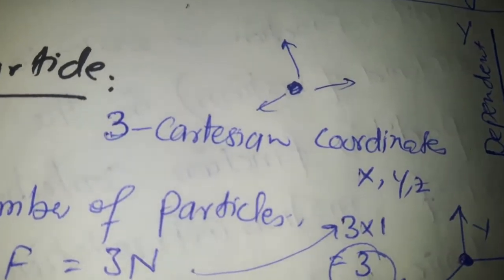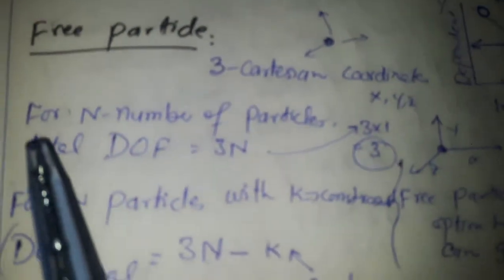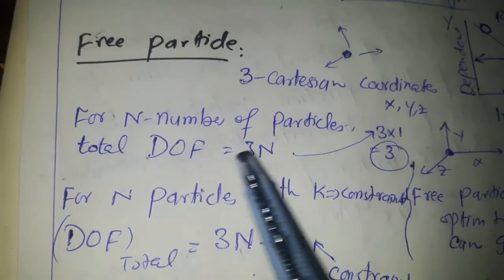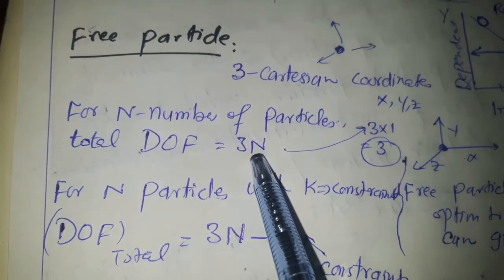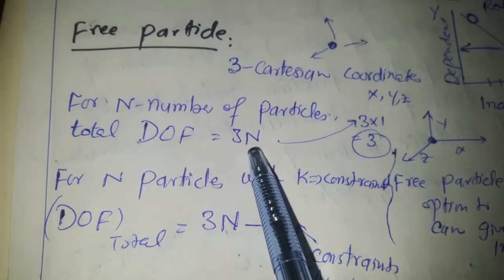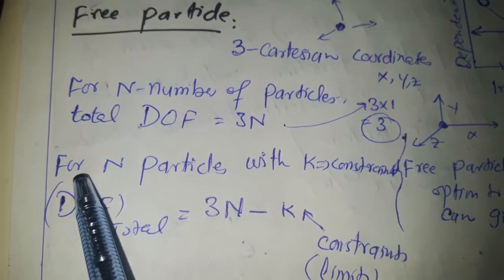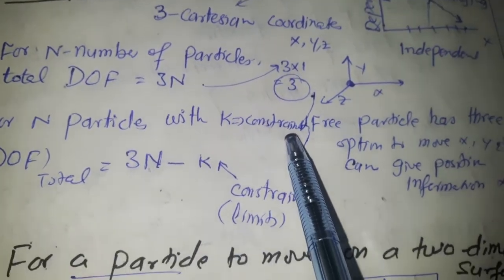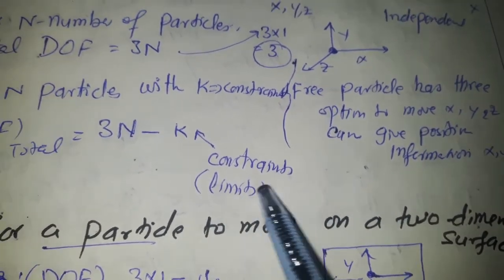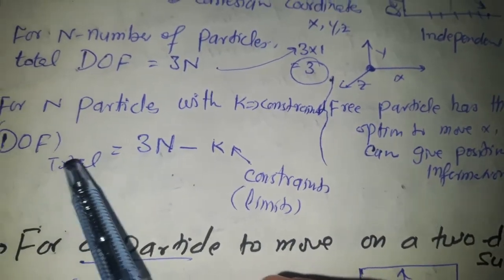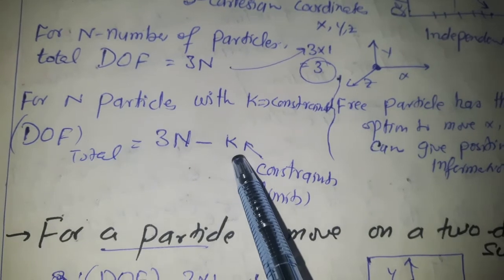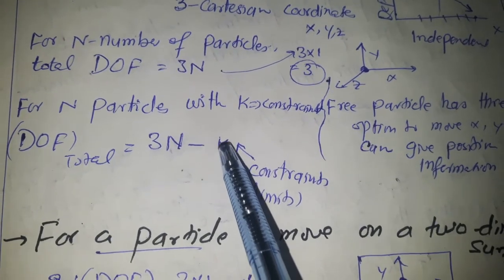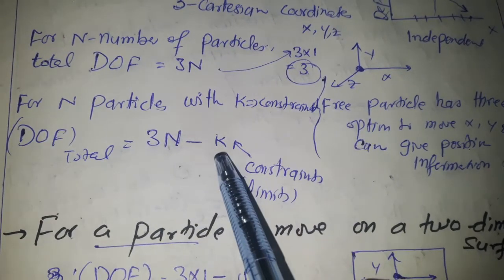Generally for n number of particles, the degree of freedom is represented by the formula 3n. And if you have n particles with k constraints, that is limits, the total degree of freedom is represented by 3n minus k. So this is for n particles with k limits.